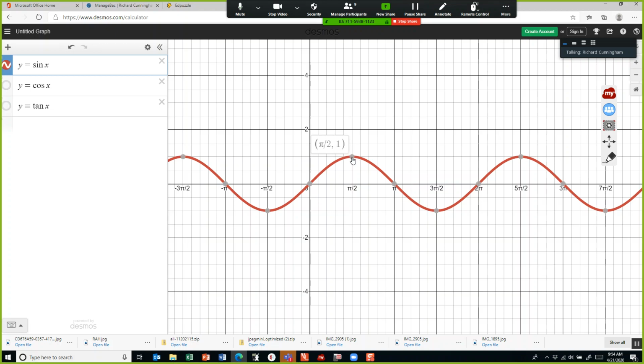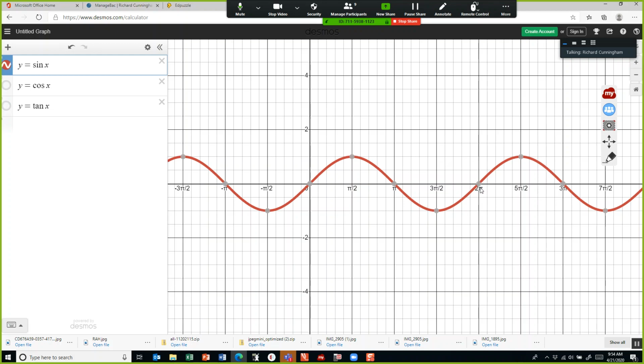180, 360. Right, okay. What's a really simple way of saying that? What is this sine curve doing?